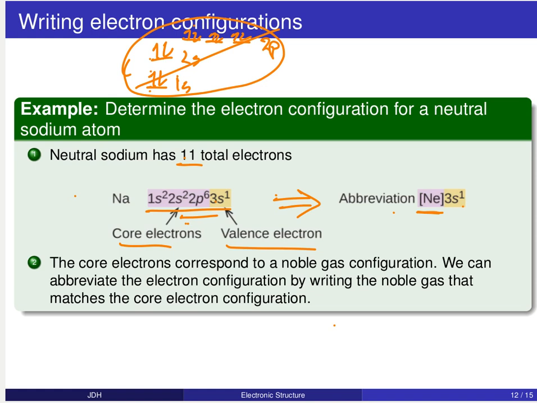For example, with sodium, our closest noble gas is neon, which has the 10 electrons that we actually denoted up here. So the whole purple region is basically the electron configuration of neon, not helium, neon. We put neon in brackets to denote that we are talking about the electron configuration of neon, and then just write out the valence electrons.